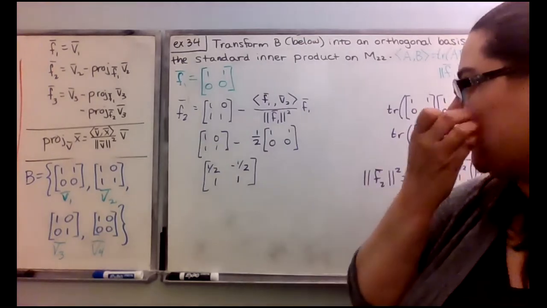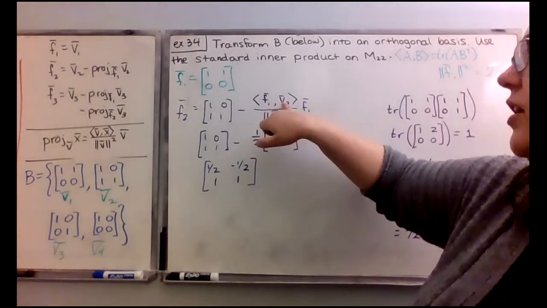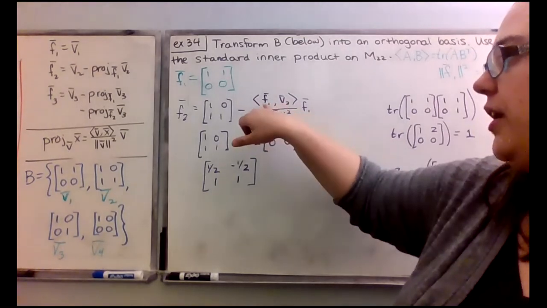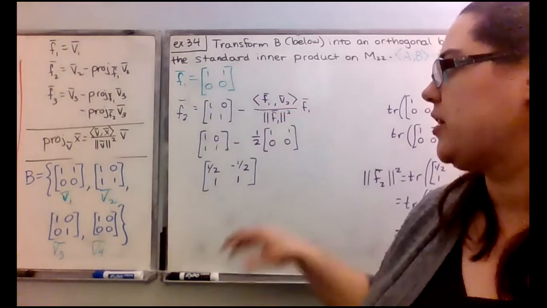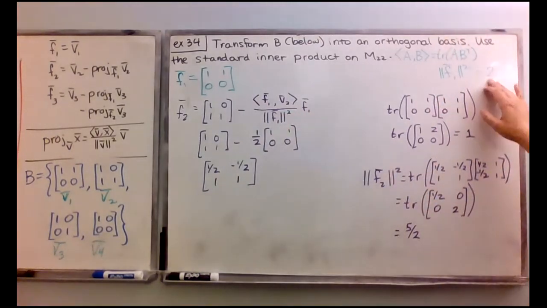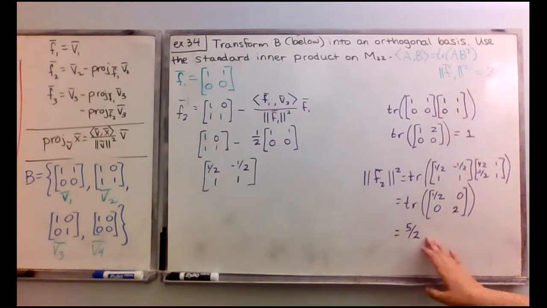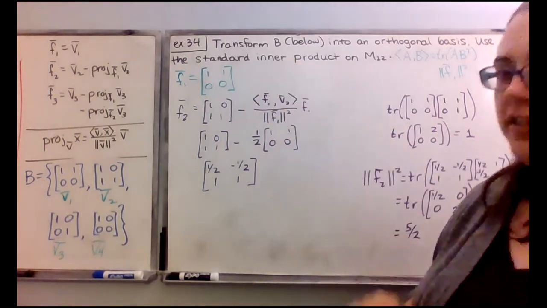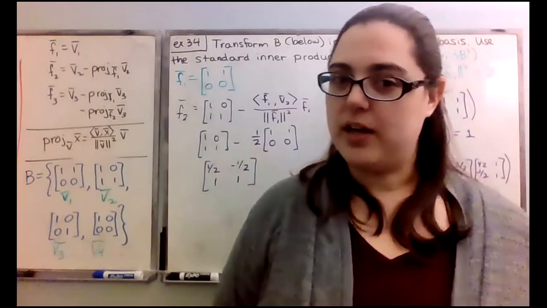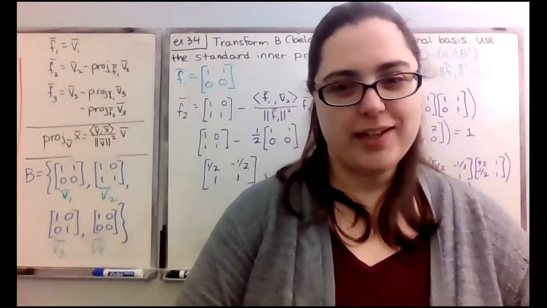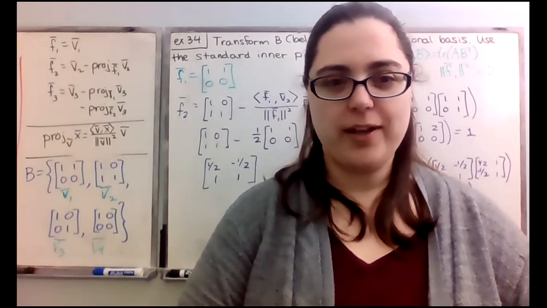So the components that you're going to need to find are V3, the inner product of V3 and F1, and the inner product of V3 with F2. We've already found the norm of F1 squared, and we found the norm of F2 squared. So really the work's going to be in those two inner products, and then finding the sum. So pause the video here, and when you unpause, I will have my answer on the board and we can check, make sure we're going along okay.